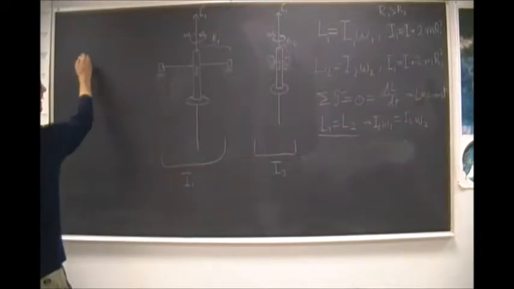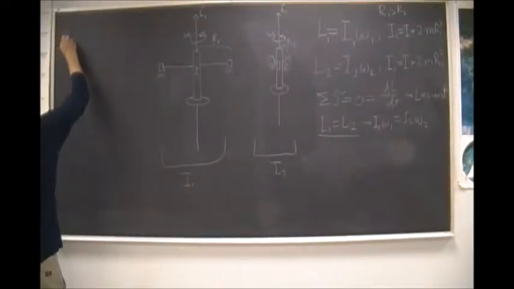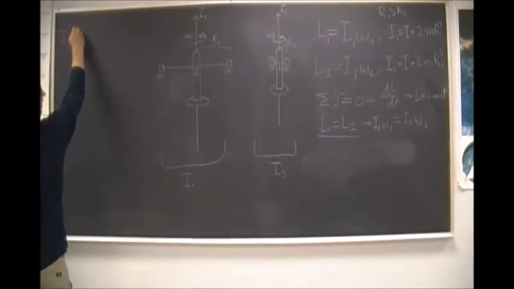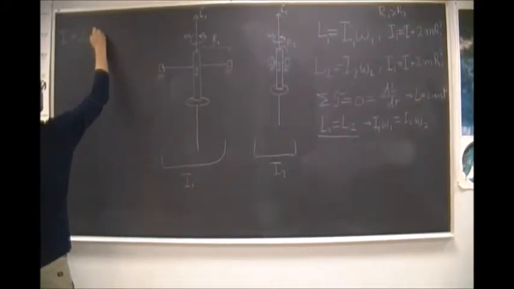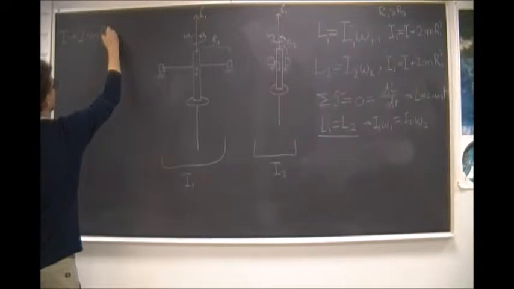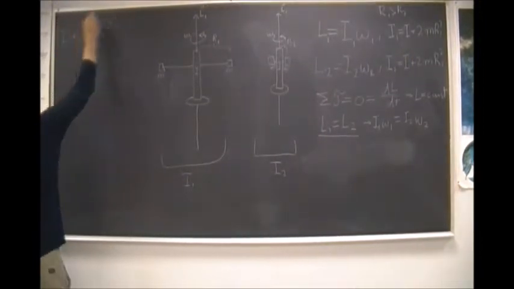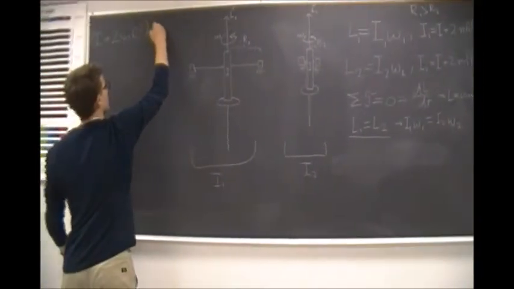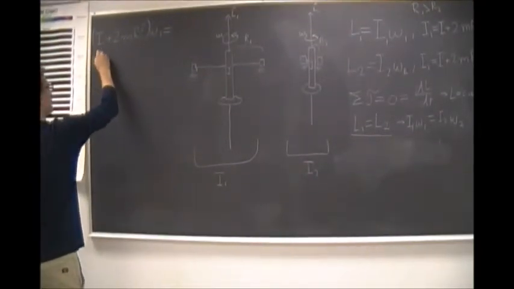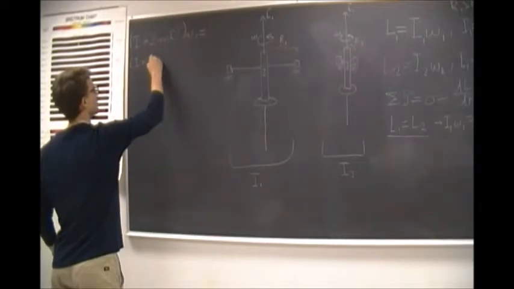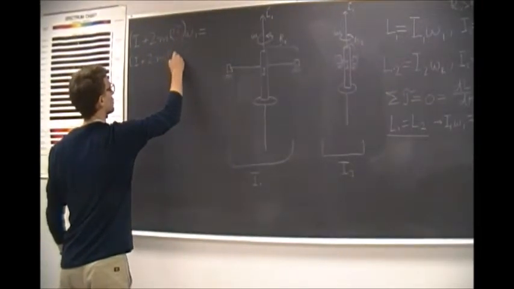So we have I plus 2 m r1 squared times omega 1 is equal to I plus 2 m r2 squared times omega 2.